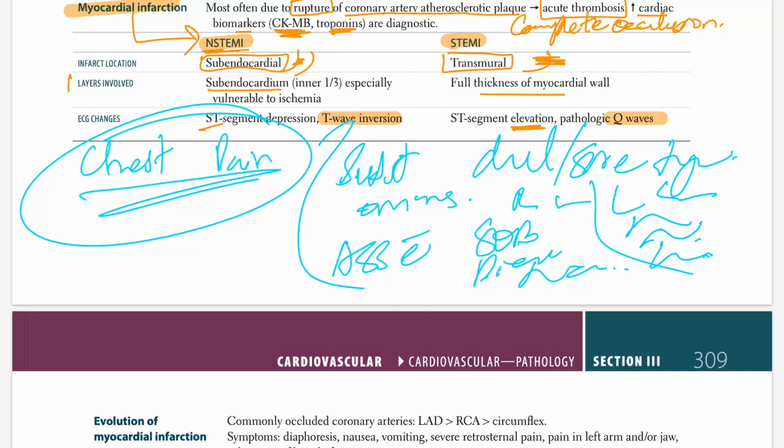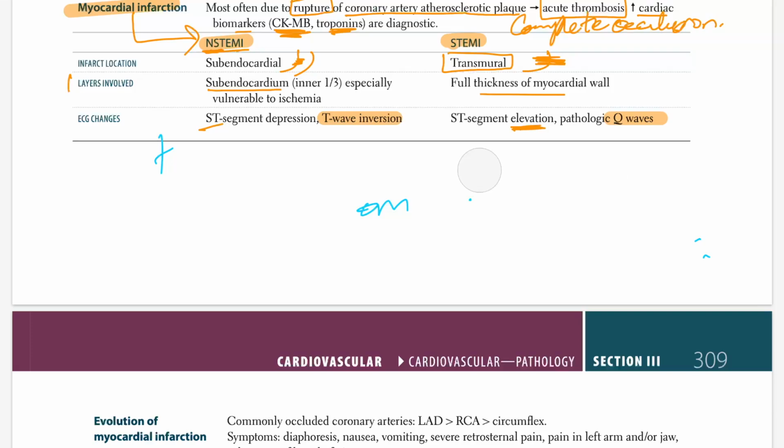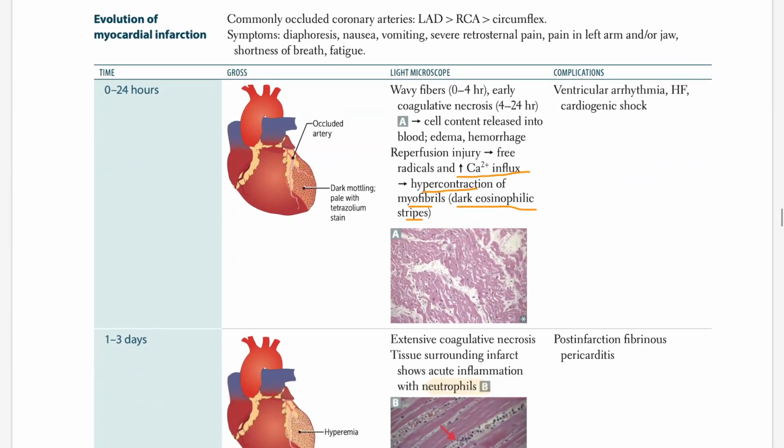Now let's talk about the evolution of MI. In the evolution of MI, what do we have? Commonly occluded arteries are LAD, RCA, and then circumflex.